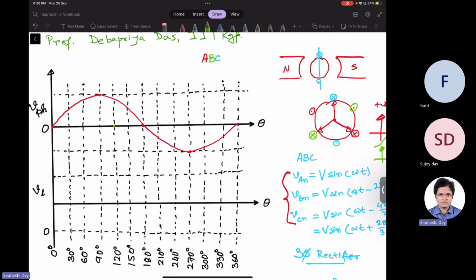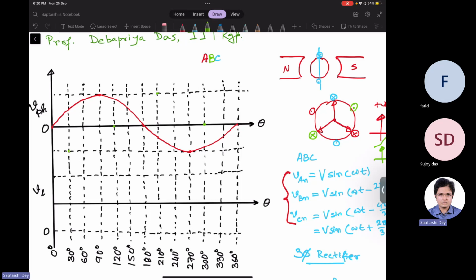Now, if it is crossing 0 here, so 120 plus 90, 210, it will reach its positive peak. Again, 210 plus 90, 300, it will reach negative zero crossing. Again, where is it? 300. So 300 plus 90, it will reach its negative peak. 300 plus 90 is 390, which is 30 degree.